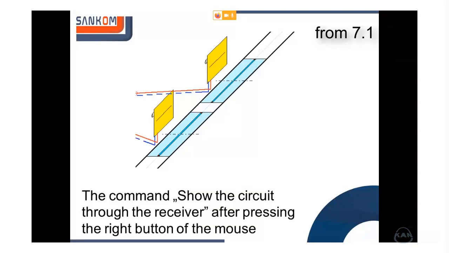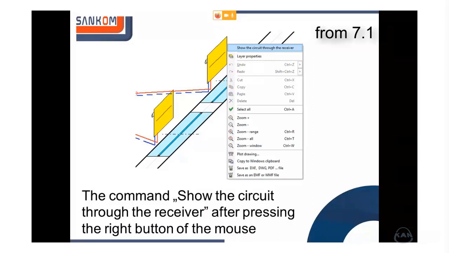First we can turn on showing the critical circuit, and then we can right-click the appropriate receiver in the critical circuit.